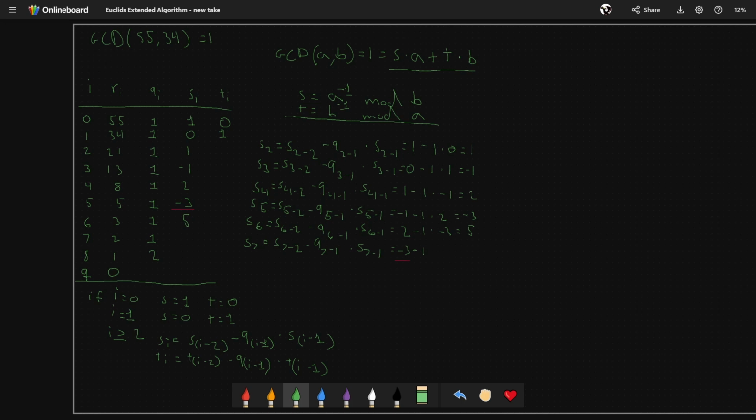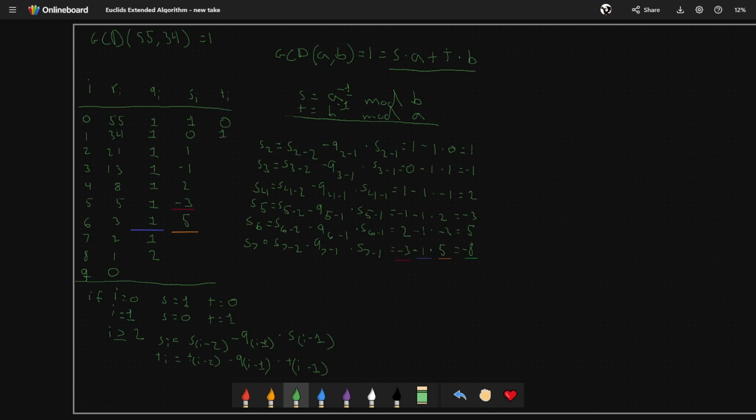Q6 is equal to 1. Multiplied by S7 minus 1 is S6. S6 we just calculated to be 5. So here we have 1 multiplied by 5. That's 5. Negative 3 minus 5, sorry, it's not 3, it's negative 3, of course. Negative 3 minus 5 is equal to negative 8.